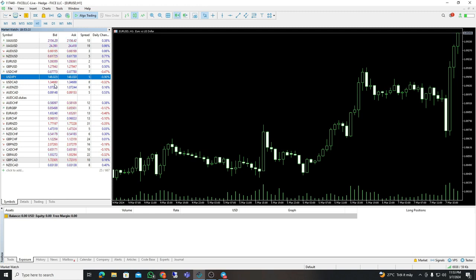Sometimes brokers do spread expansion in the morning to prevent people from cheating. So if you want to use an EA and avoid losing money, or avoid decreasing your profit, you shouldn't trade in those sessions.